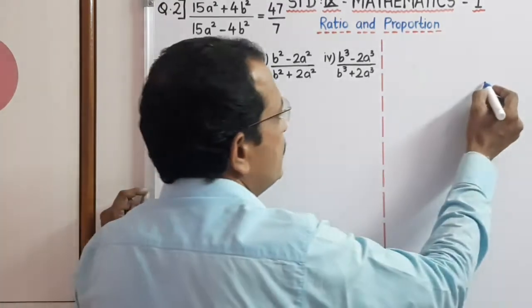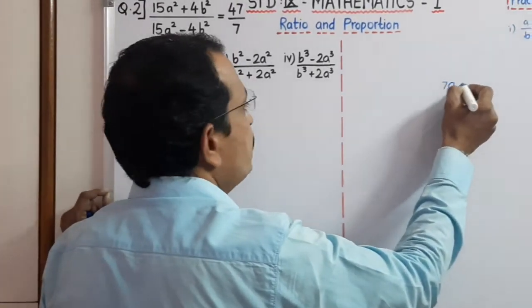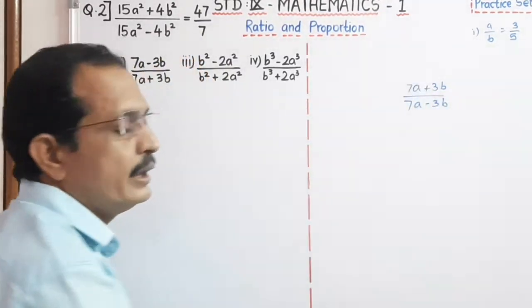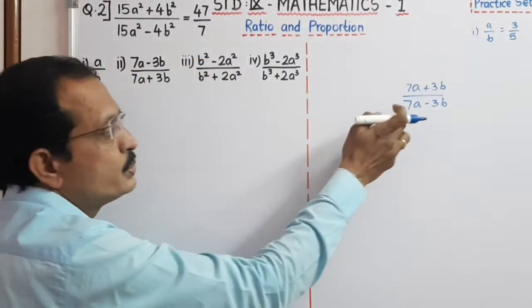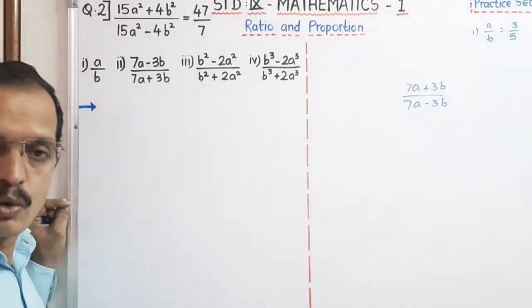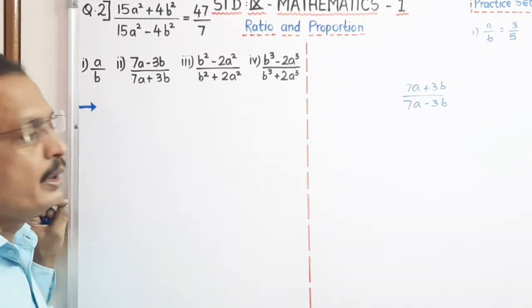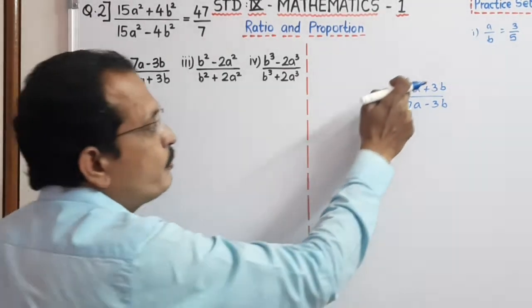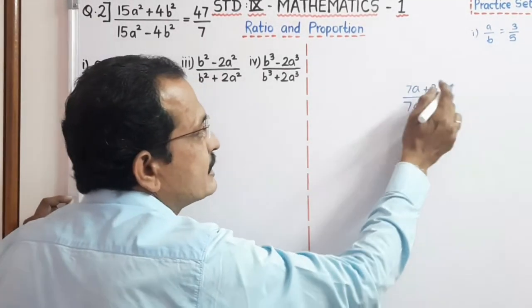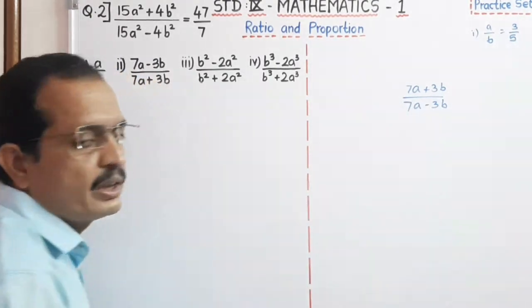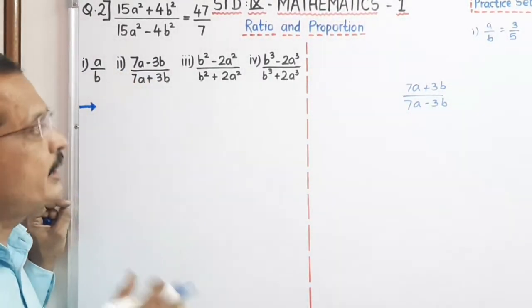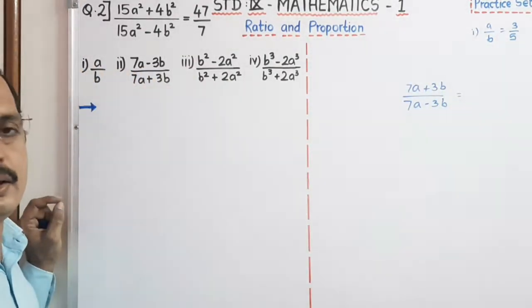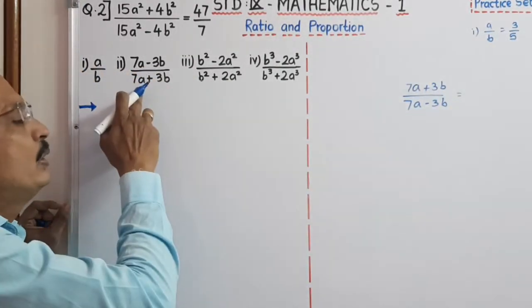If it is like this, then we say 7a plus 3b upon 7a minus 3b. Now, can anyone tell me which property is used here? It is componendo dividendo. That means, first of all we find the value of 7a plus 3b upon 7a minus 3b, and then after getting the value of this, we can apply invertendo and we will get the value of this.